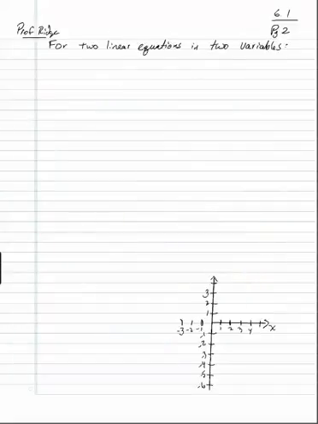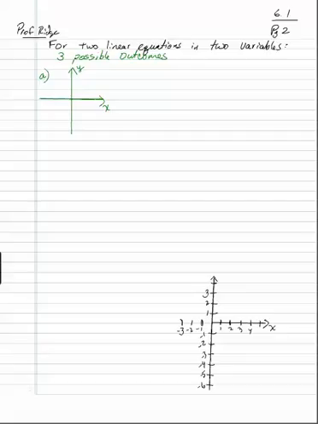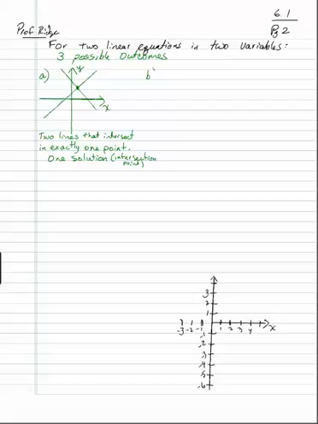Okay, so for two linear equations in two variables, there are actually three possible outcomes. The first possibility is like the one we just did, where you get two lines that intersect at some point. That has one solution. The next possibility is we get two lines that don't intersect, which would be parallel lines.